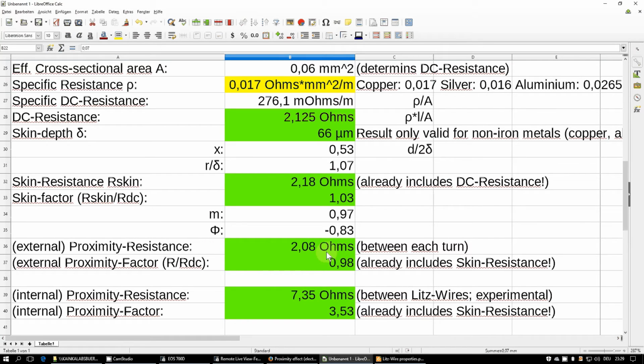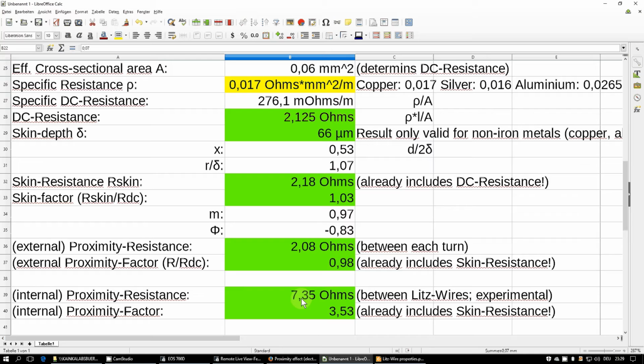And now we have still another detrimental effect. Each strand of your litz-wire lies near to its neighbor, so this is called the internal proximity effect, and this enlarges our DC resistance. It's our ohmic resistance. They are still only ohmic effects.